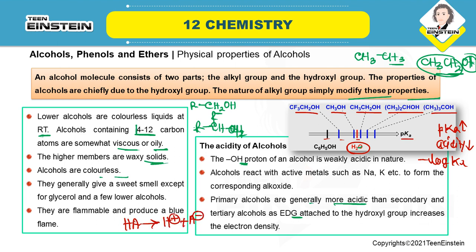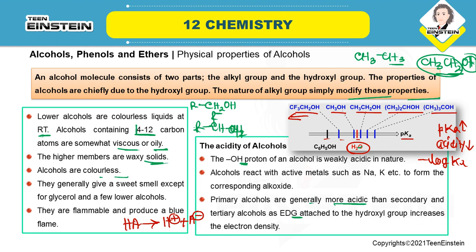So the dissociation constant will be the concentration of H plus times A minus divided by the concentration of unreacted HA. So the higher the value of Ka, the higher the acidity. But pK is the negative logarithm of Ka, so the relationship with acidity will be reversed. That means as you are moving towards the left hand side, pK is decreasing, acidity is increasing.